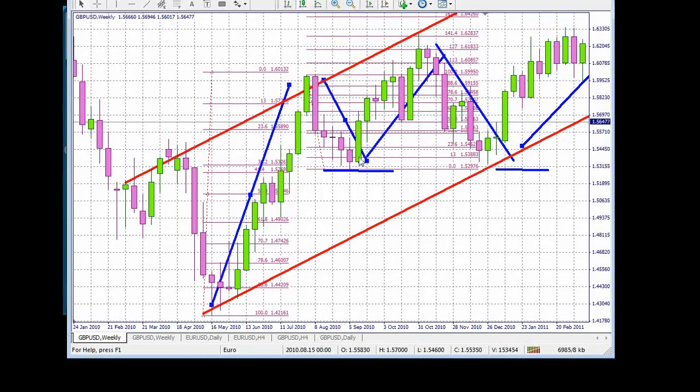Okay, so the third wave also was at one Fibonacci level, went up to the 141.4, and actually the body of the candles started to retreat from the 127 level of Fibonacci.